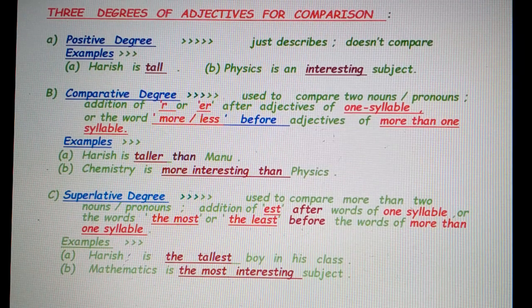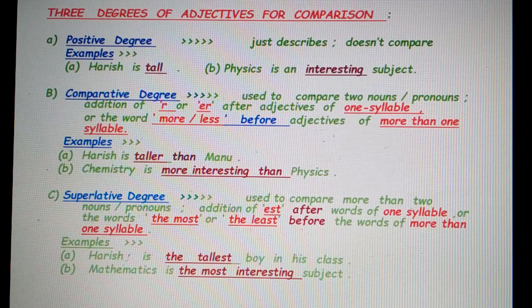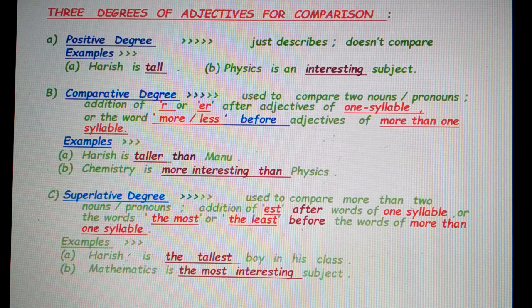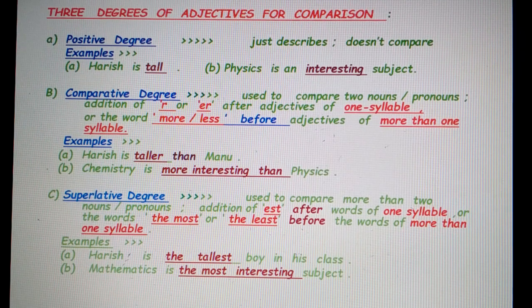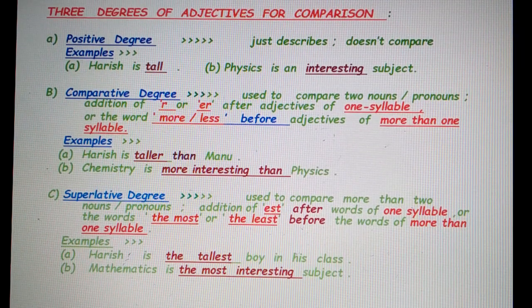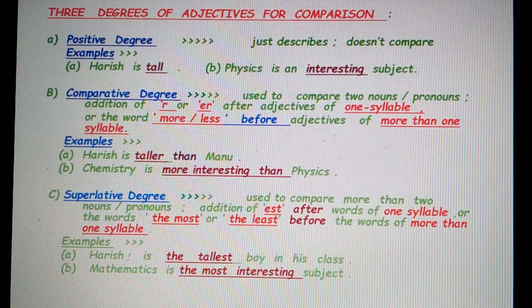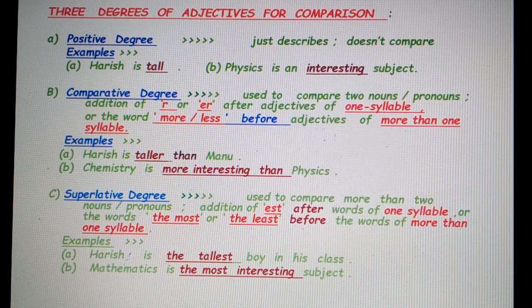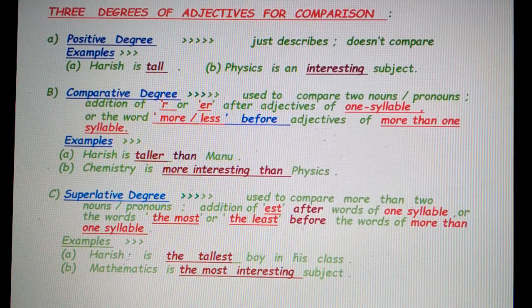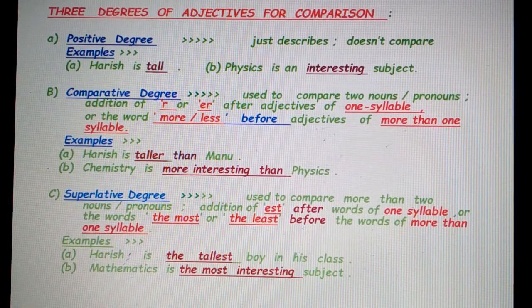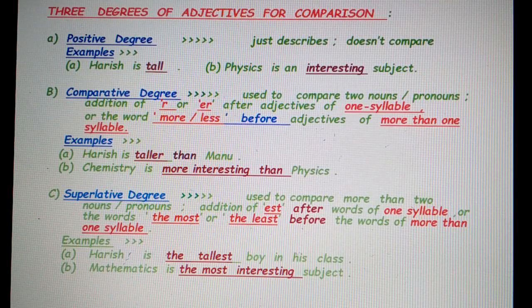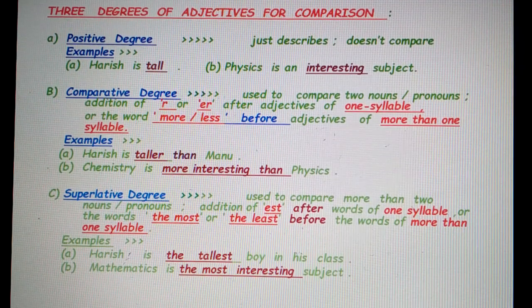We are comparing Harish with Manu. Both are tall, but when comparing, Harish is found to be taller than Manu. One more interesting thing to understand here is that a new word, than, is included just after the comparative degree of the adjective.